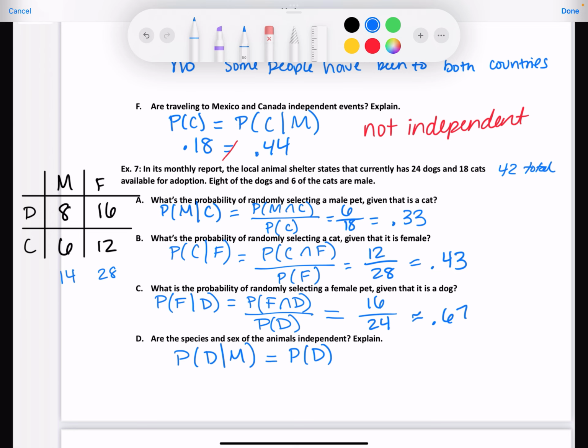Now, I will tell you, my only hesitation with doing this is that you have to do more math because you didn't choose to use something that you already know, which is fine. We can do it. I'm just saying I usually try to pick something that I've already found. But we can still do this.